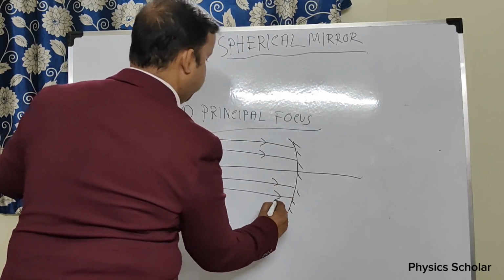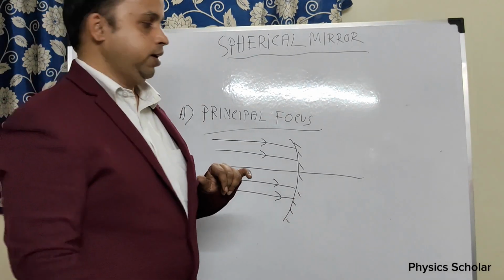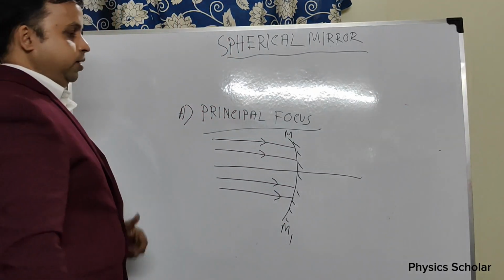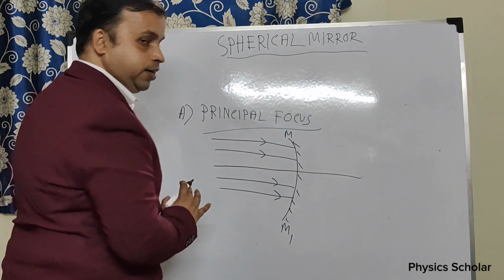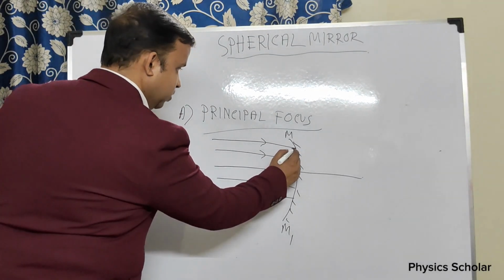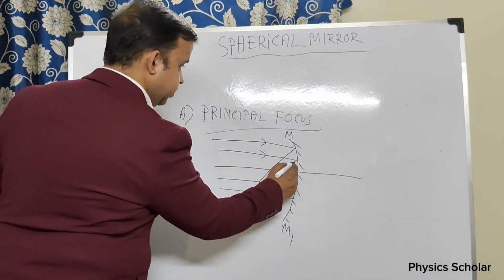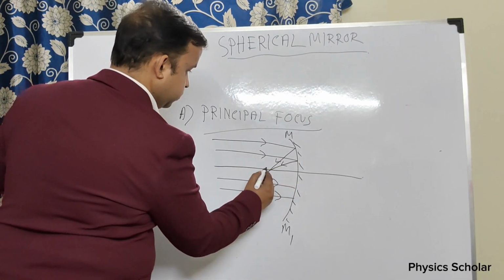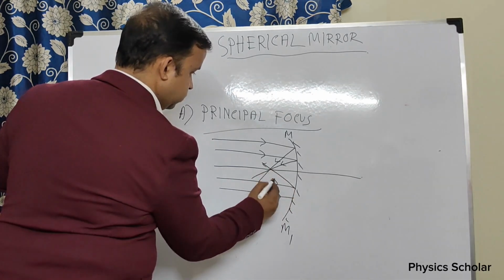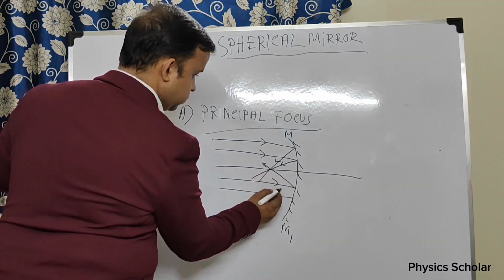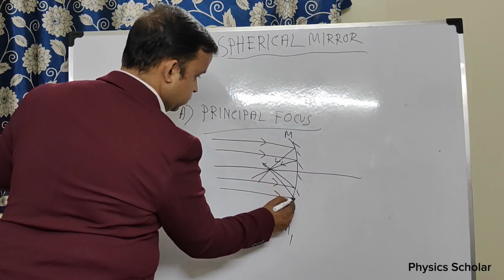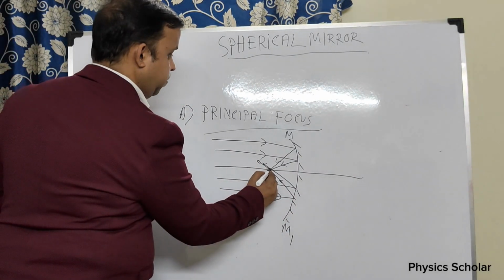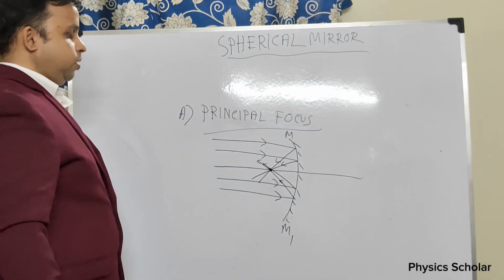These are the parallel beams of light that are incident on the concave mirror MM1. They will be reflected by the mirror, and the reflected rays will meet at a particular point.